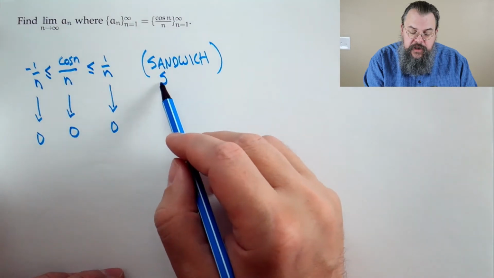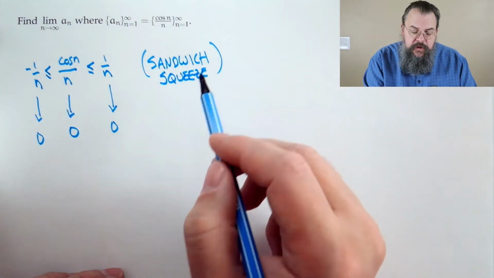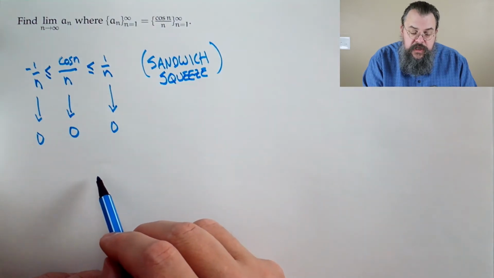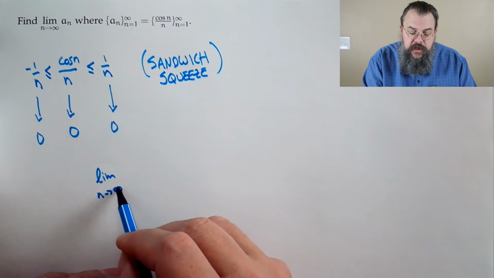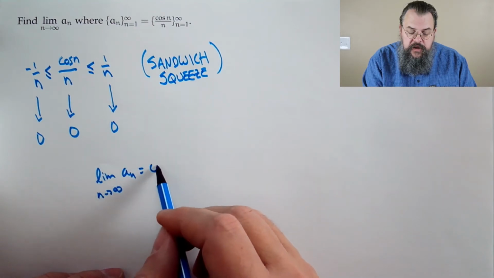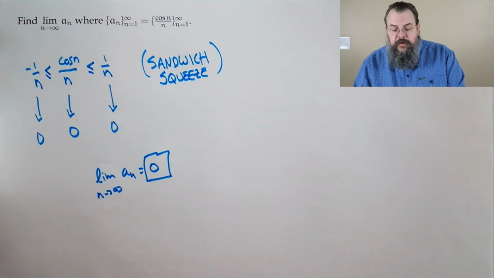Another name you might see for this is the squeeze principle. So our conclusion is the limit as n goes to infinity of a sub n is 0. All right, nice. Let's try another problem.